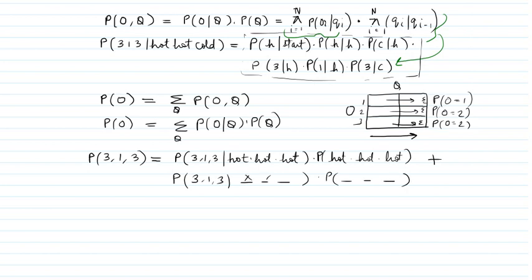So this is x, x, x plus P of 3, 1, 3 given y, y, y dot P of y, y, y. So for 3 states we will have 9 possibilities, right? So we need to calculate this for 9 sequences of states.